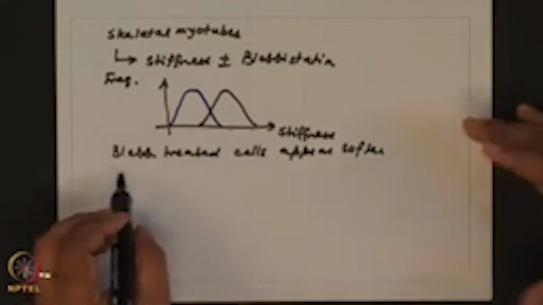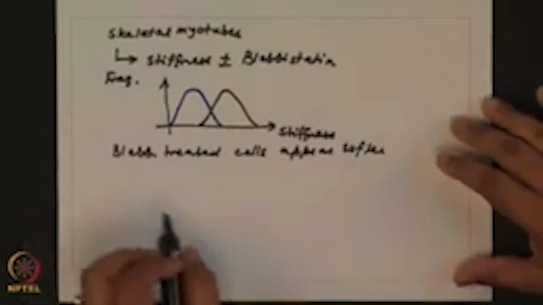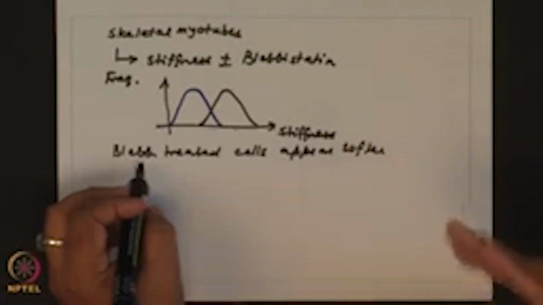But how do we think about it? Why does blebistatin, which inhibits myosin 2 activity, lead to a softer cortex? The reason is as follows.